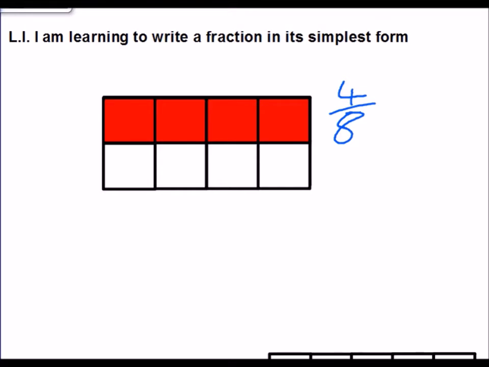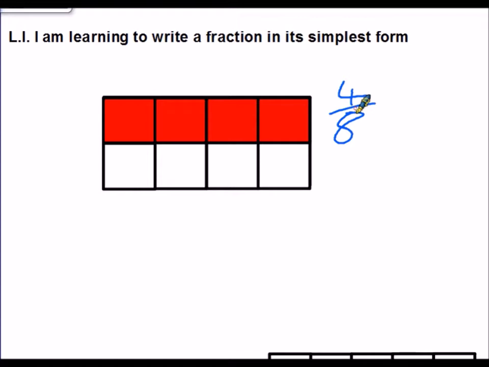In order to simplify this, in order to write it in its simplest form, I need to use my times tables knowledge. And what I'm asking myself is, is there a times table which contains both 4 and 8? Both 4 and 8. And the answer to that is yes. The 4 times table contains both 4 and 8 here.